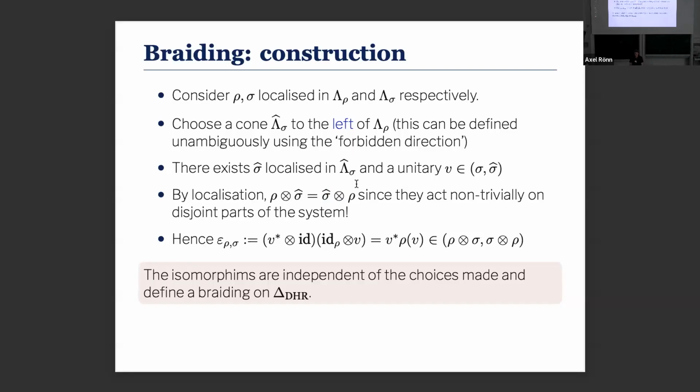Do you have control over whether the braiding you get is symmetric? Can you identify the cases when it is symmetric, and is it in general symmetric or not? So in our examples, it's not symmetric. It's actually the opposite of the very far end, but we will end up with a modular category.